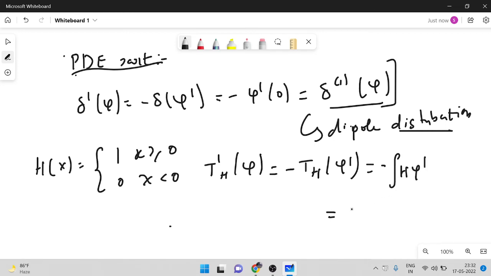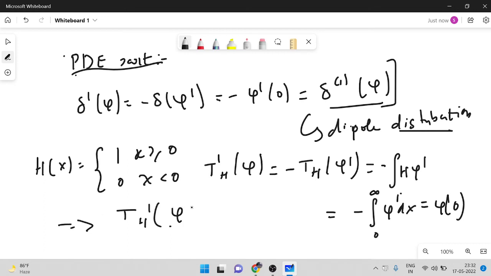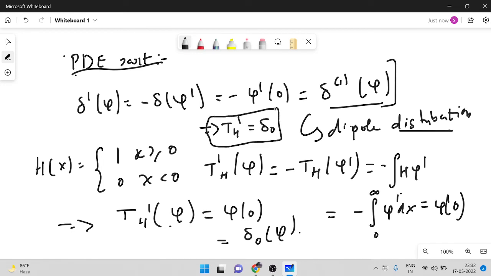Again, you can change the integral and you get minus phi of x from 0 to infinity, which equals phi of 0. So what you get is T_H dash of phi is phi of 0, which equals Dirac delta 0 of phi, which implies T_H dash equals delta of 0. That's how the delta function and the Heaviside function are connected.